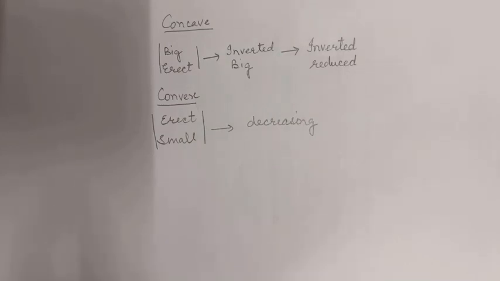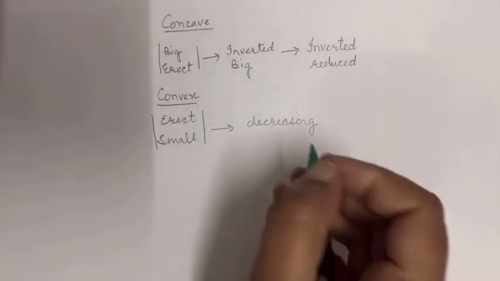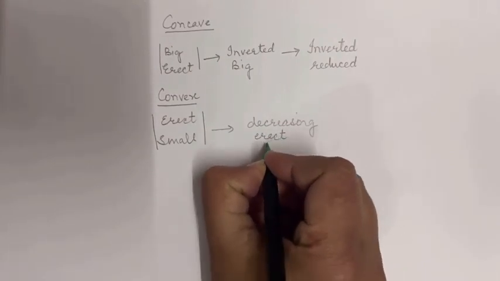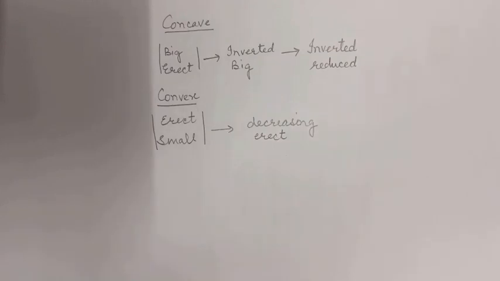If you have to identify the nature of the mirror from the characteristics of the image, you can easily find out. If you are looking at a mirror in which there is an erect and small size image, it is an example of a convex mirror.